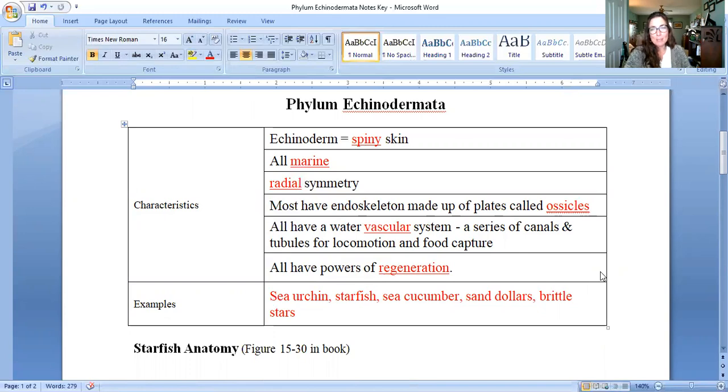And this system is a series of canals that carry water, and those water canals are connected to the tube feet and can fill the tube feet and push them out of the starfish's body or the echinoderm's body to allow it to move. All echinoderms have the power of regeneration, which means they can grow back lost parts.